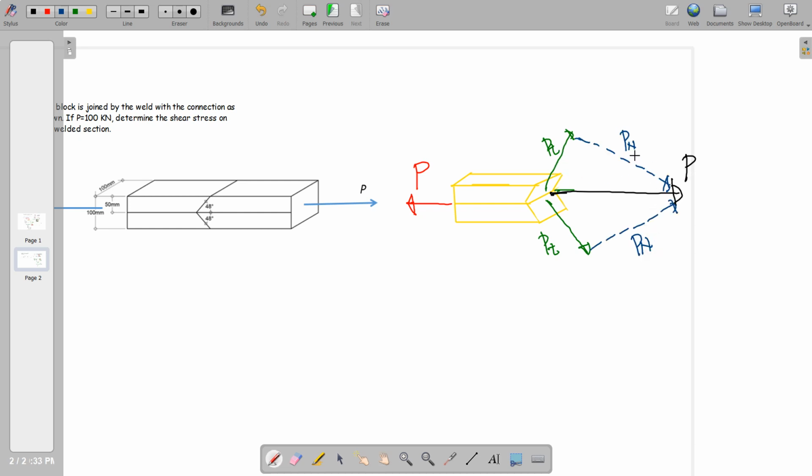And of course, there are two normal forces here that are perpendicular to your tangential forces. We are not so concerned with these normal forces, but our concern is to determine the tangential force, because the tangential force is actually the shear force.